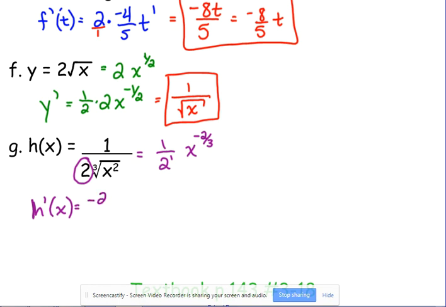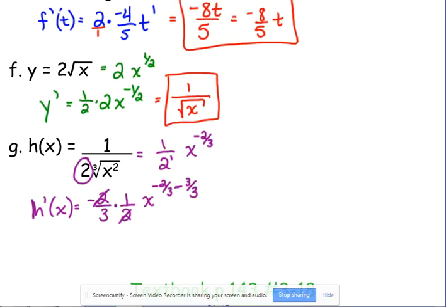Okay, so bring down the exponent, multiply by the constant that was in front, subtract 1 from the exponent. So if we're subtracting 1, we need 1 to have a denominator of 3. So we're subtracting 3 over 3. So let's simplify. These 2's in front cancel.